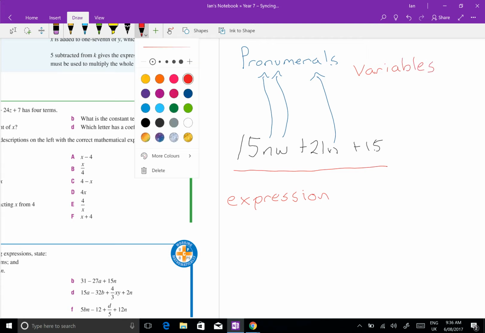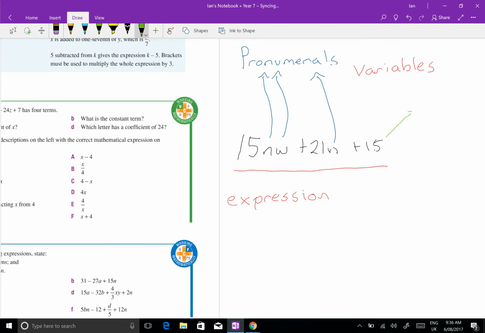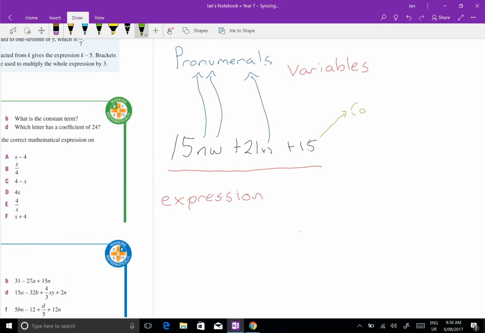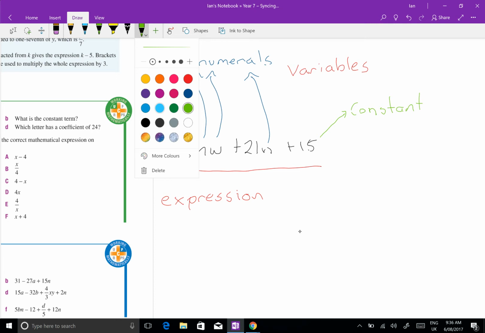Now also in this expression, we have a constant. And our constant doesn't vary. It's a set number, and it's this value at the back. In this expression, the constant is 15. Now, there are three terms in this expression.